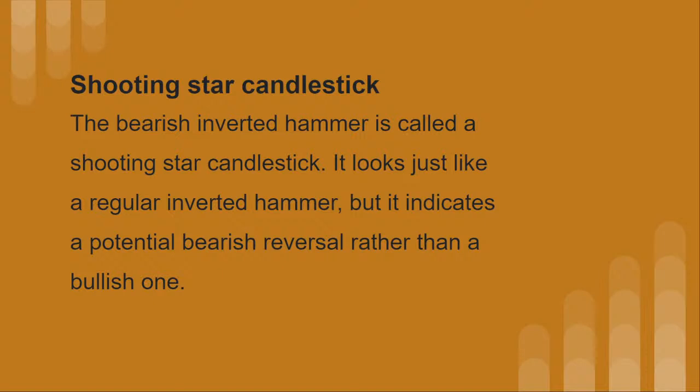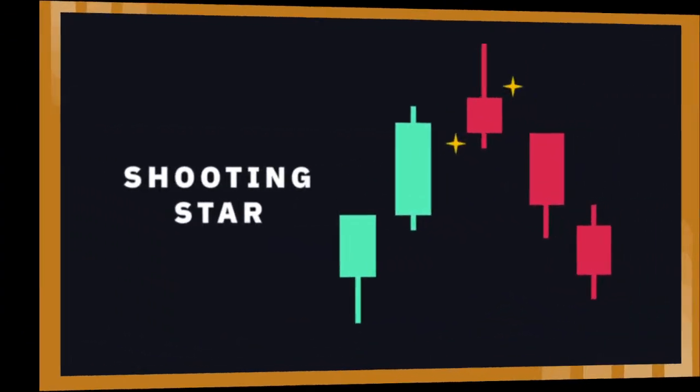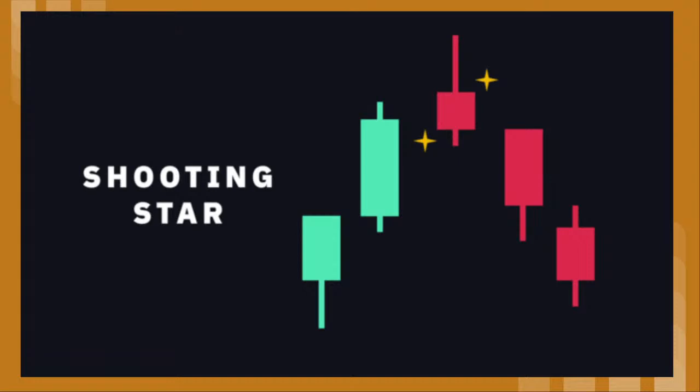Okay, so this shooting star, this is a bearish inverted hammer, and it is also called a shooting star candlestick. It looks like a regular inverted hammer, but it indicates a potential bearish reversal rather than the bullish one. So here is an example of a shooting star. In this example, what kind of thing can you go with?